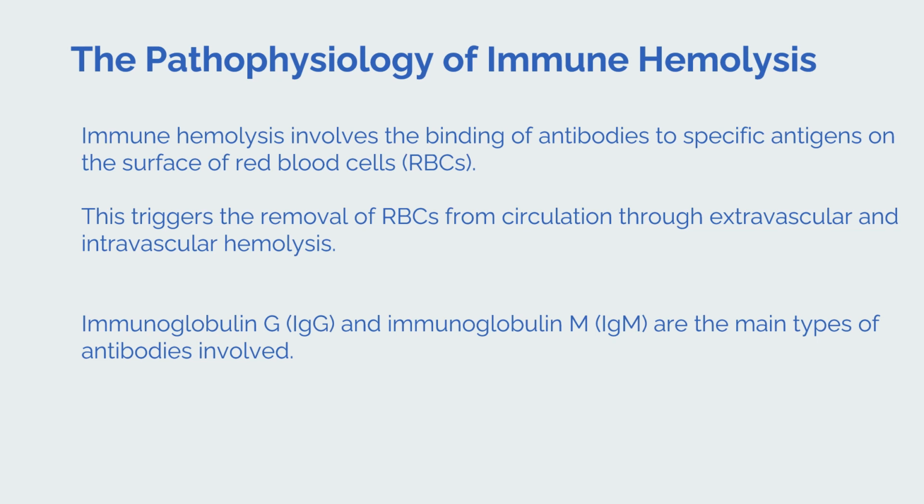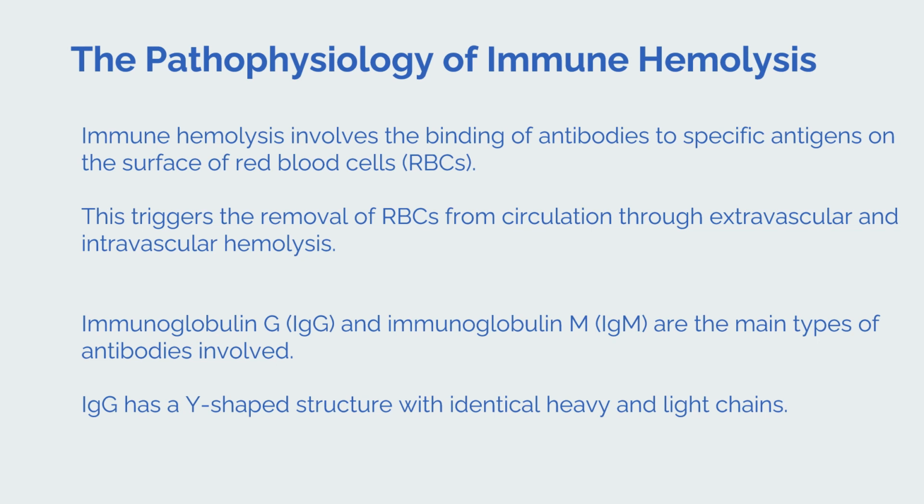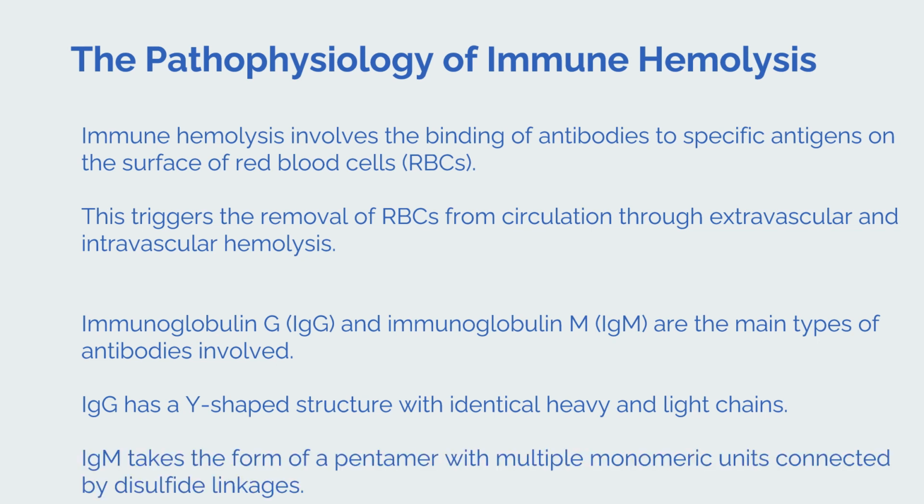The two main types of antibodies involved in most immune hemolytic anemias are immunoglobulin G, IgG, and immunoglobulin M, IgM. Picture IgG as a Y-shaped structure composed of identical heavy and light chains, while IgM takes the form of a pentamer, with multiple monomeric units connected by disulfide linkages.